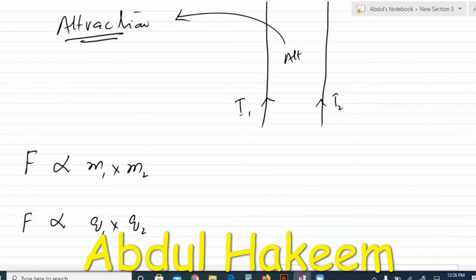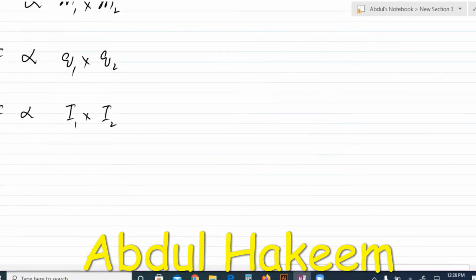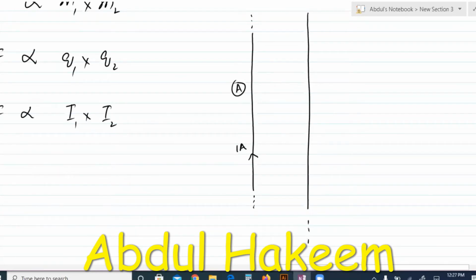And next, look, suppose we have two infinitely long wires. This is wire A. It is carrying 1 ampere. Another wire is also infinitely long, and it is carrying current 1 ampere. This is B, and both are placed at a distance of 1 meter.